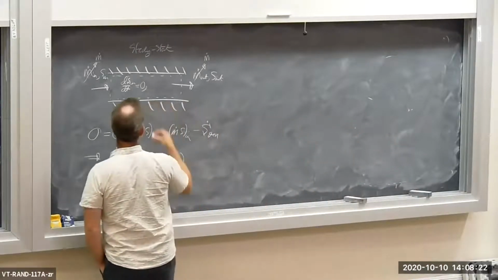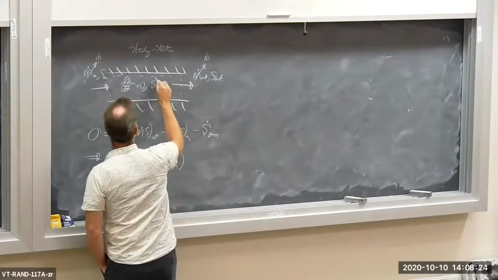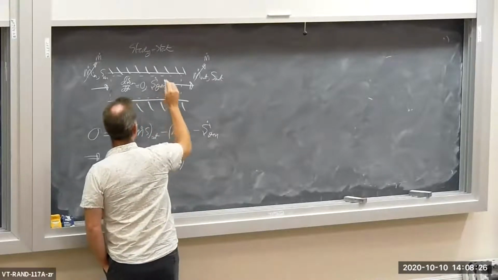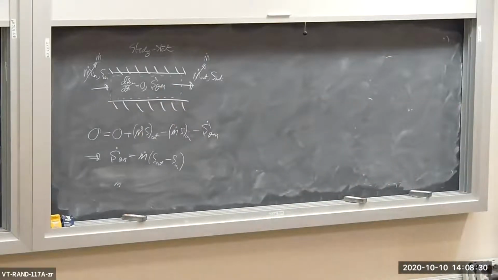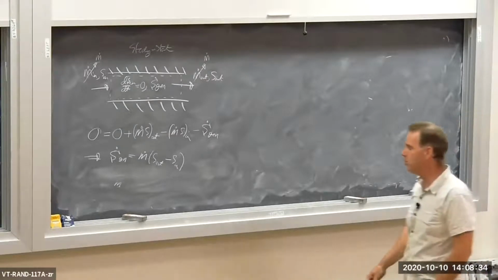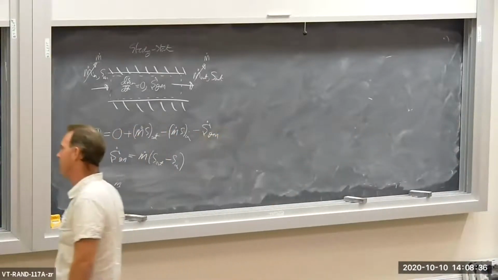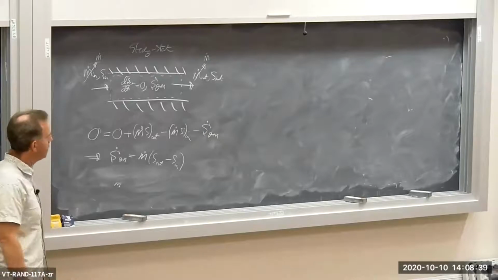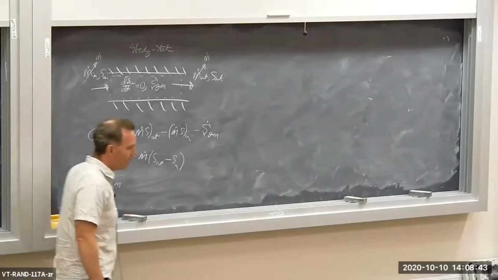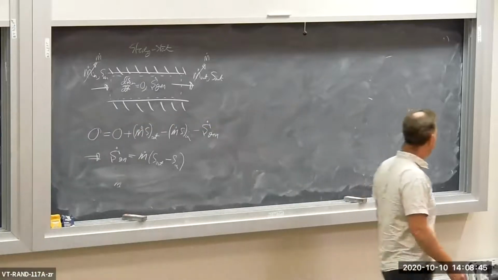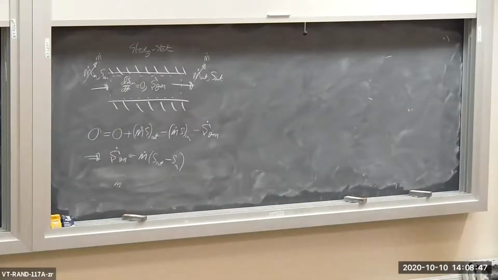So this equation gives us S dot gen if it exists within the control volume. That's what the entropy balance for an open system tells us: if we have an adiabatic device, steady state, single inlet, single outlet, the rate of entropy generation inside is delta s times m dot, where delta s is s out minus s in.